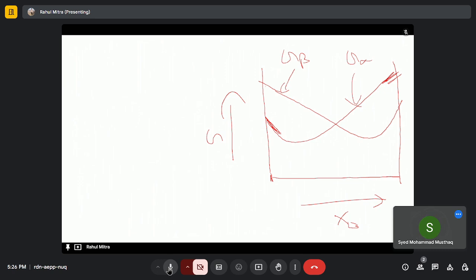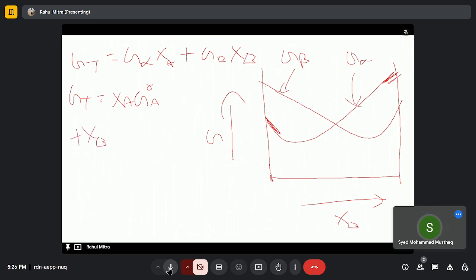Now we know G alpha equals, let's write it for G total first. G total equals G alpha X_A plus G beta X_B. Now we know G total for ideal solutions equals X_A G naught A plus X_B G naught B plus RT X_A ln X_A plus RT X_B ln X_B.